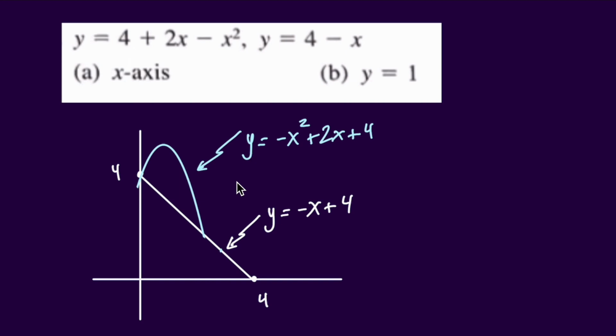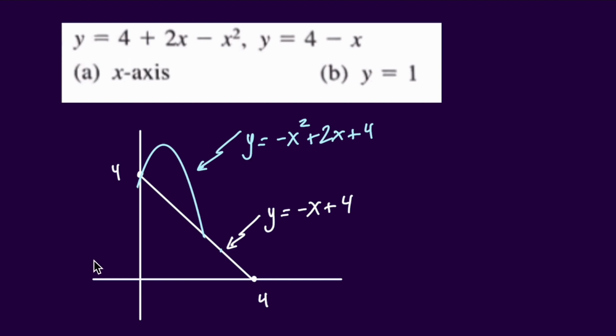Here, negative x squared plus 2x plus 4 is a downward parabola with a normal width. The vertex is here. It has a y-intercept of 4, meaning if you let x equals 0, you get y equals 4. And here's the line, y equals negative x plus 4. It's coming downhill with a slope of -1 and a y-intercept of 4.